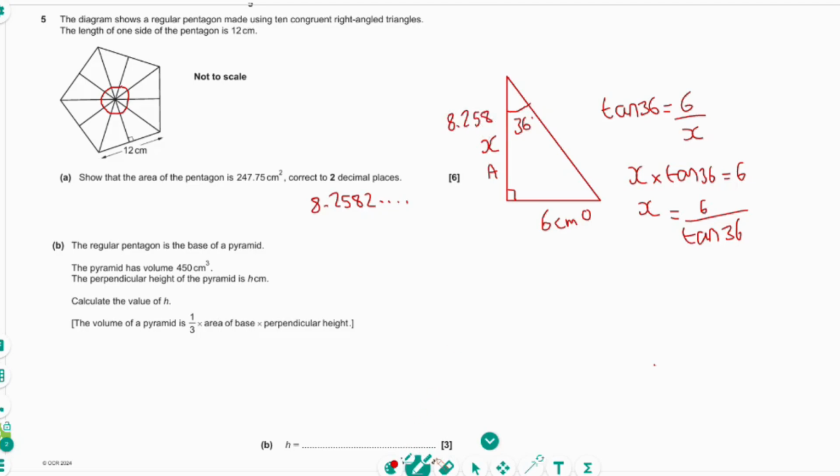Right, so now I know base times height divided by 2 gives me the area of the triangle.